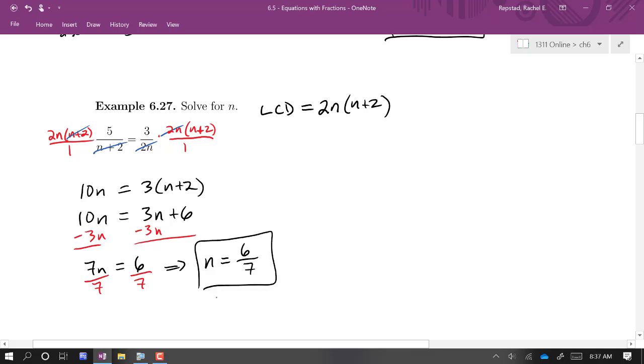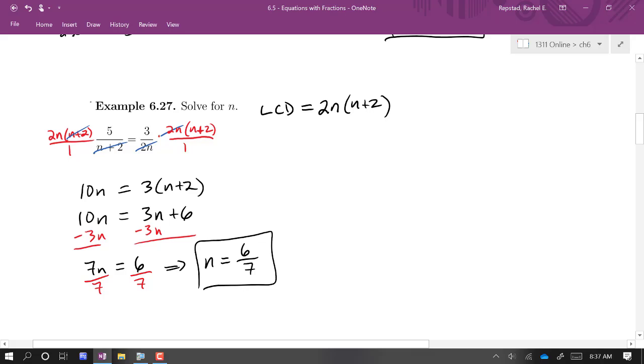When you're solving an equation with fractions, one thing you want to make sure you check at the end: if any of your fractions have a variable that lives in the denominator, you just want to make sure that the value you found is an allowable value for the denominator, meaning just check to see if it leads you to divide by 0 if plugged into the original equation. We can see that we're all set here. n can equal 6/7.